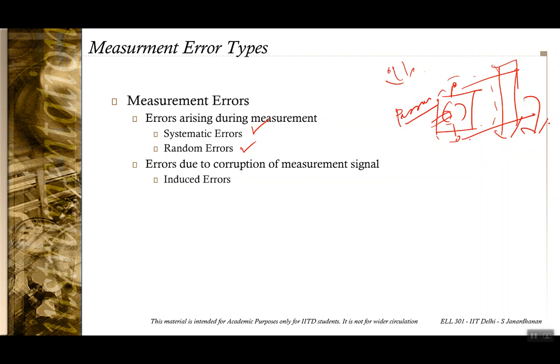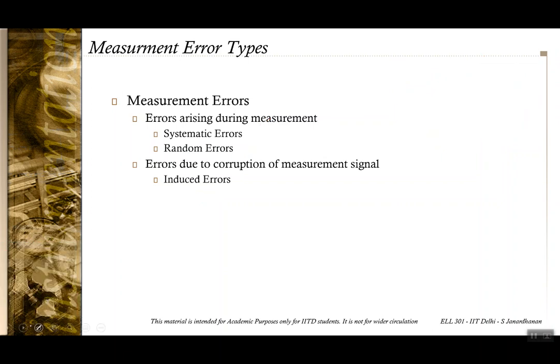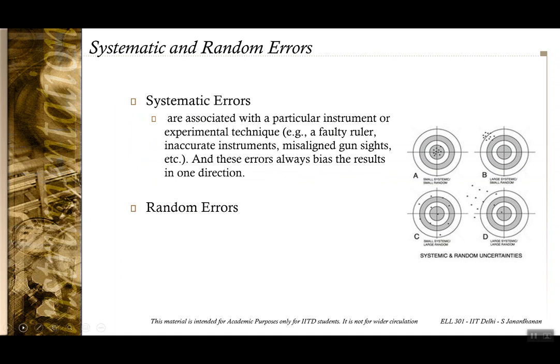And the error can also be during the transmission, which are induced errors, which are basically the corruption of the measured signal. After the measurement, this signal can be corrupted due to induced errors, or due to the sources of induced errors. So let us look into each of them.